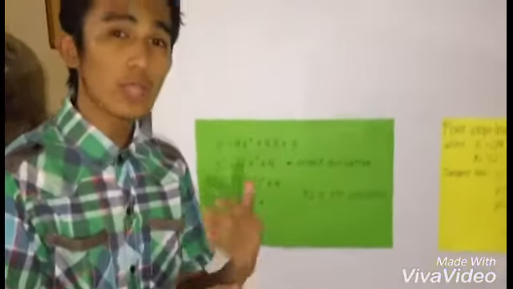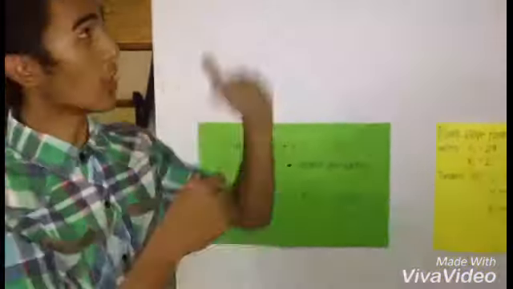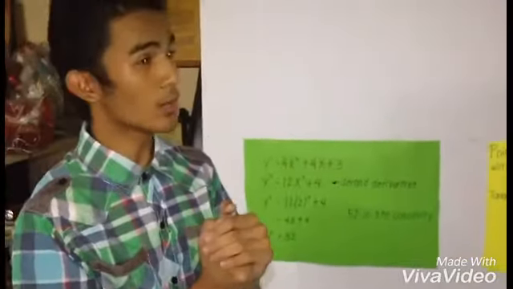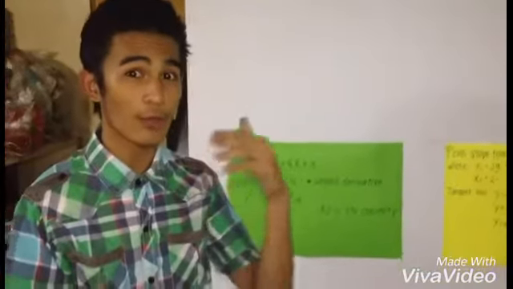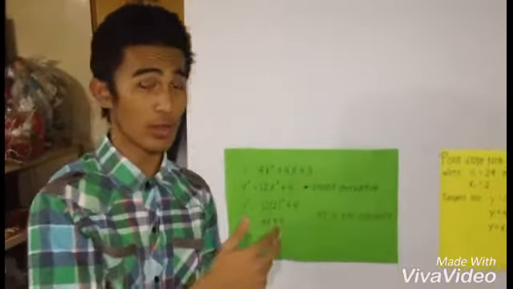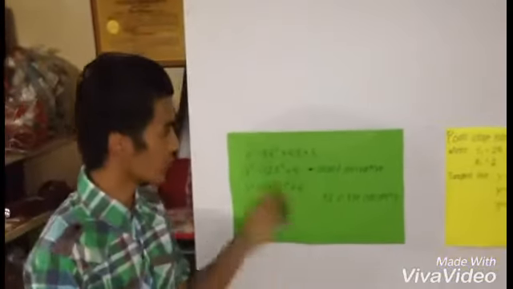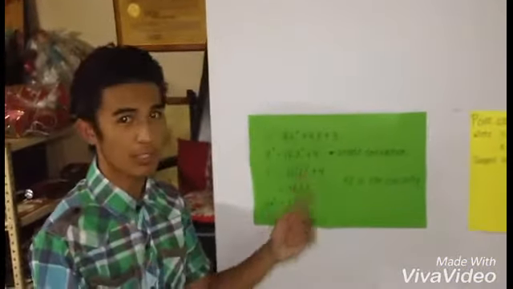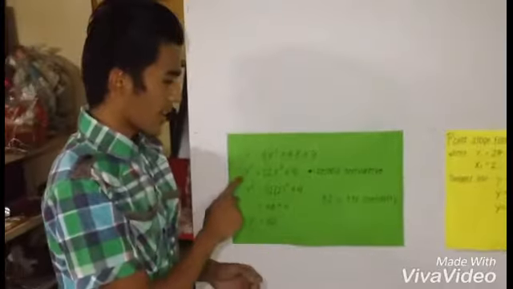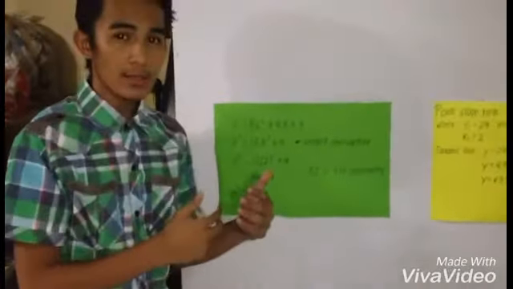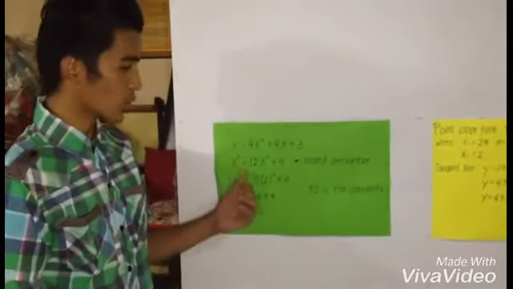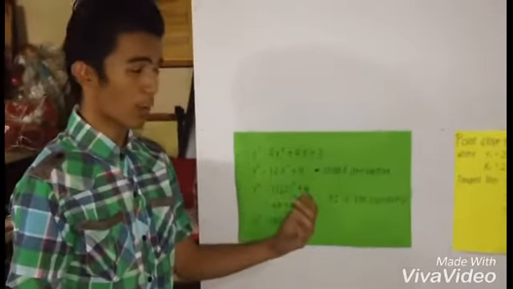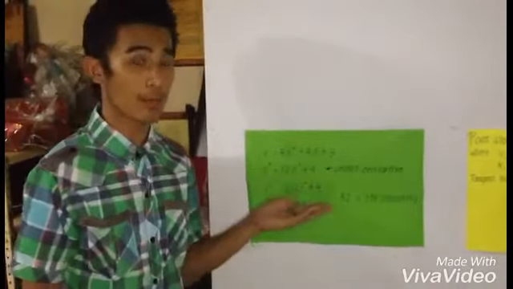For the concavity, we can use the same method as we have done in the slope, but the derivative we will get is from the first derivative in order to get the second derivative. So the first derivative is 4x cubed plus 4x plus 3, and by applying the same rule, which is the power rule, we can get the second derivative, which is 12x squared plus 4, and that is y double prime.